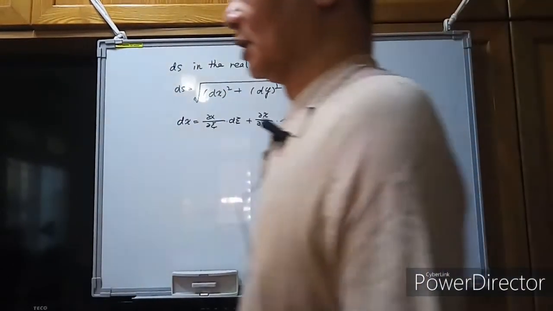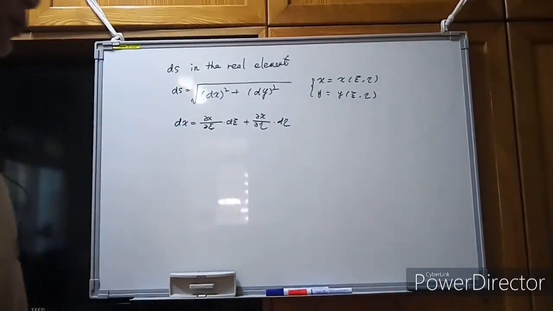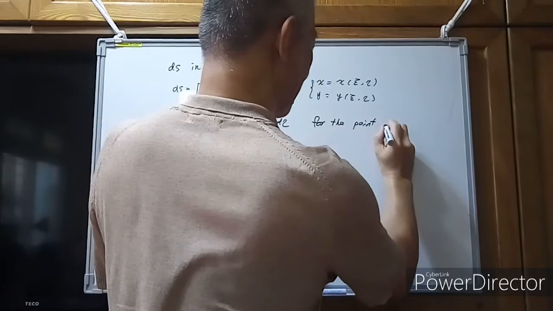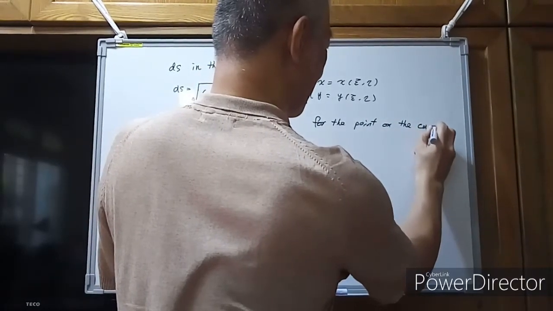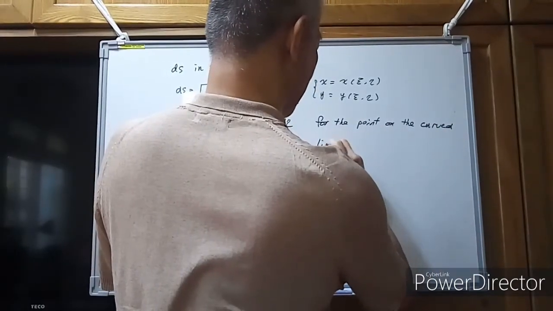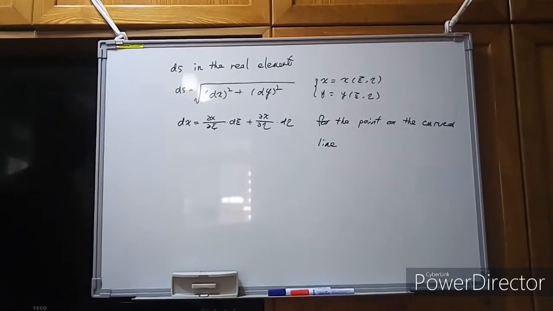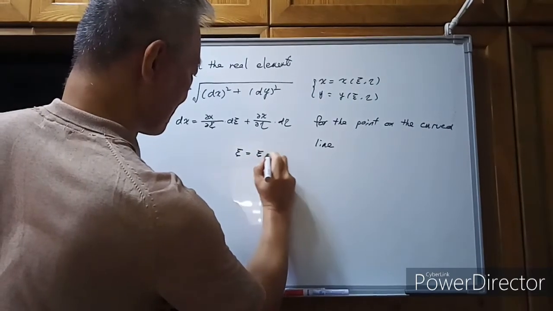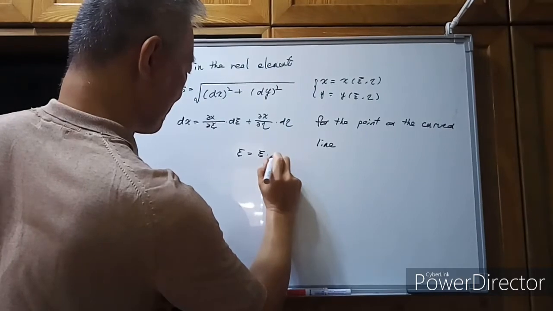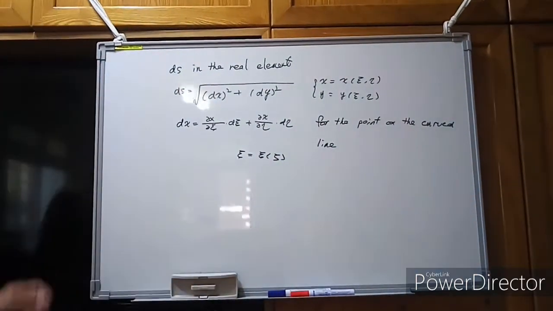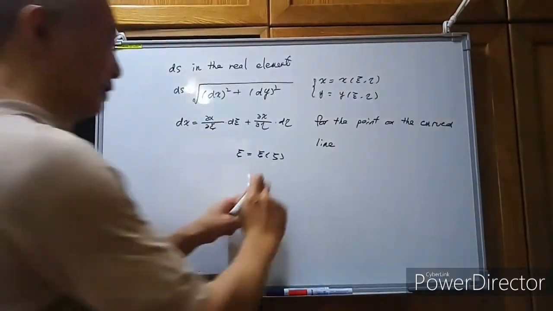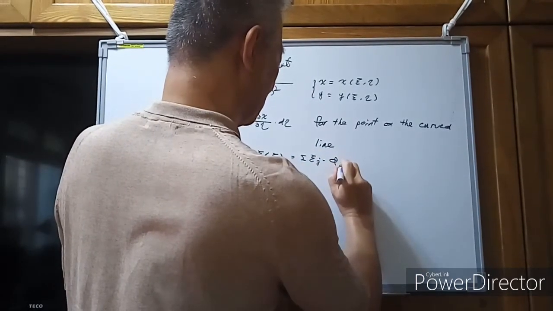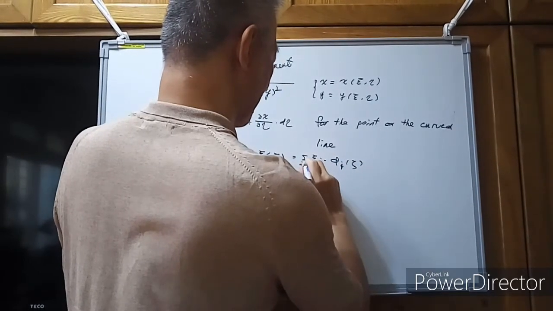And for the points on the curved line, we know c is a function of zeta, the summation of cj times phi j of zeta.